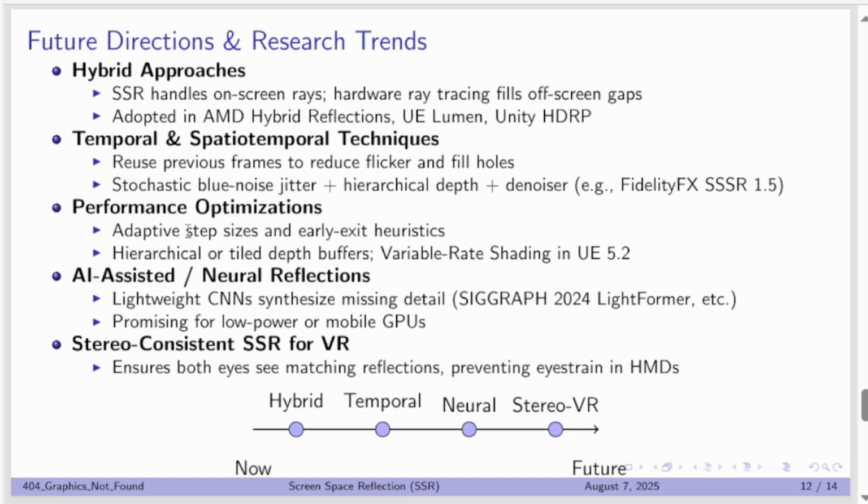Adaptive step size, early exits, and variable rate shading keep the cost low. Neural add-ons like Lightformer hallucinate missing detail for mobile class GPUs. Stereo consistent SSR shares data between eyes, preventing eye strain in head-mounted displays.